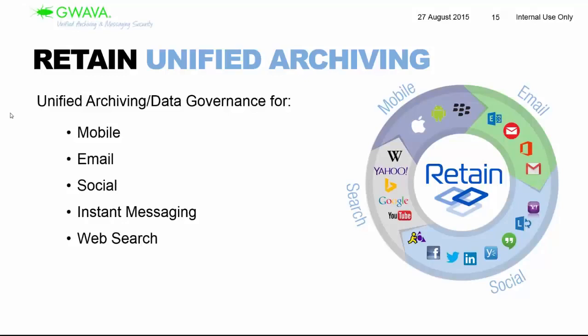So however many users you have that you want to archive, that's how it's priced. It's not priced per device, so it doesn't matter how many devices you have. But it does matter how many people will be archiving. So let's take for example, if I have multiple mobile devices that I want archived, that's not going to be an additional cost for each one of those devices. It's just going to be the cost for me as a person, as a seat.